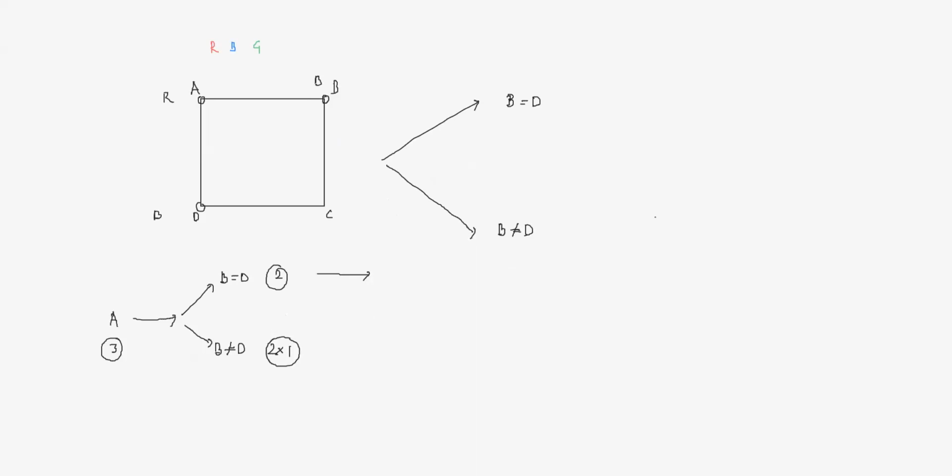So two options for C. And if B is not equal to D, these two are distinct, and C has only one option, because it is determined by the color of A. So in this partition we have 3 times 2 times 2, that is 12, and in this partition we have 6. So total 18 options.